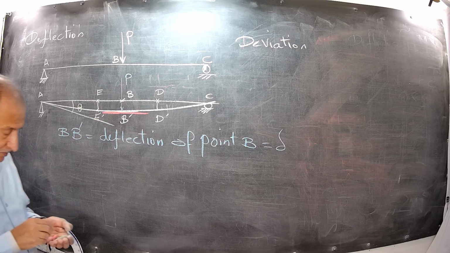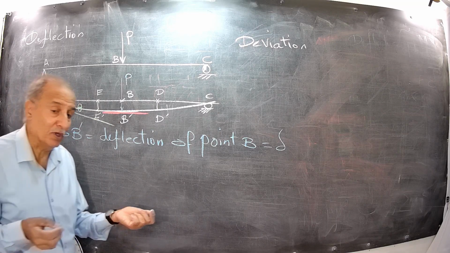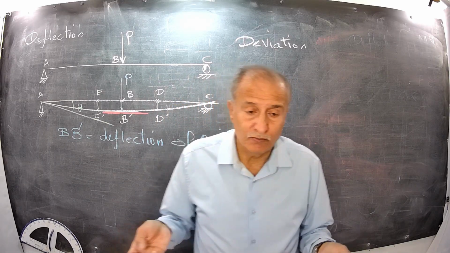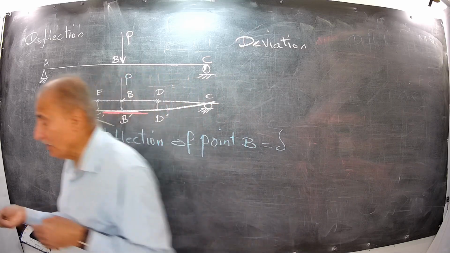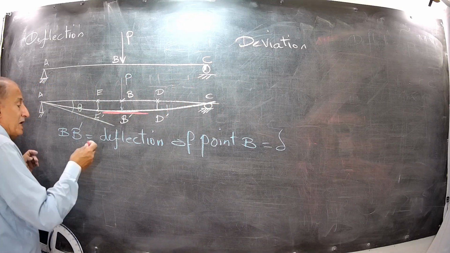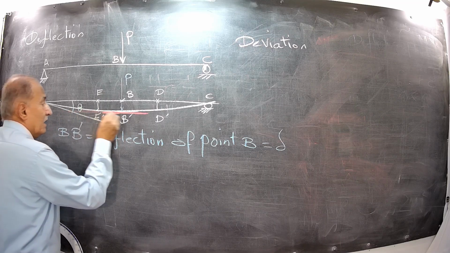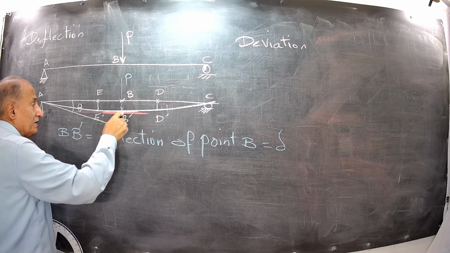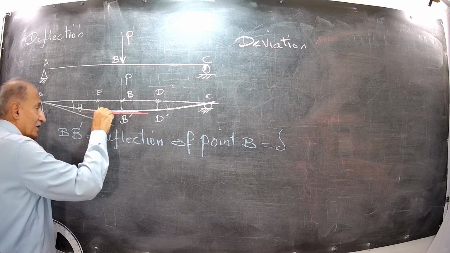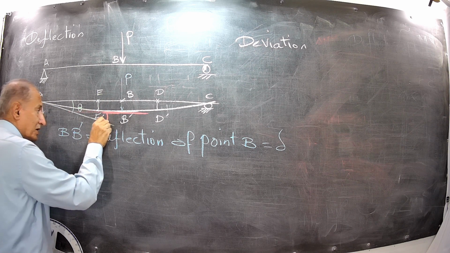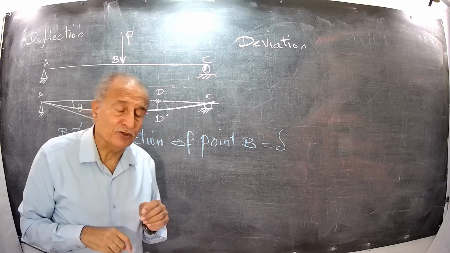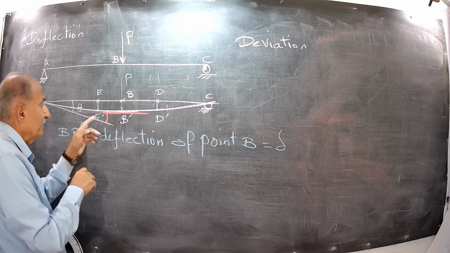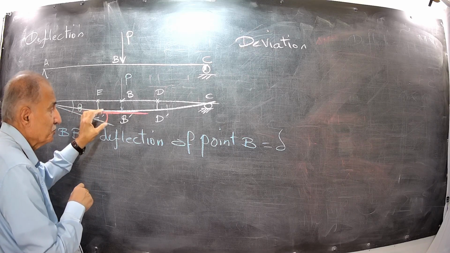this tangent, due to loading, not always is the tangent in the middle of the beam a horizontal line. No, it's a special case of the loading that makes it horizontal. That tangent is horizontal, and the slope, or rotation, at point B for the beam is 0. Then this angle is the difference between the two tangent lines, which we call, for example, delta theta, the change in the rotations.